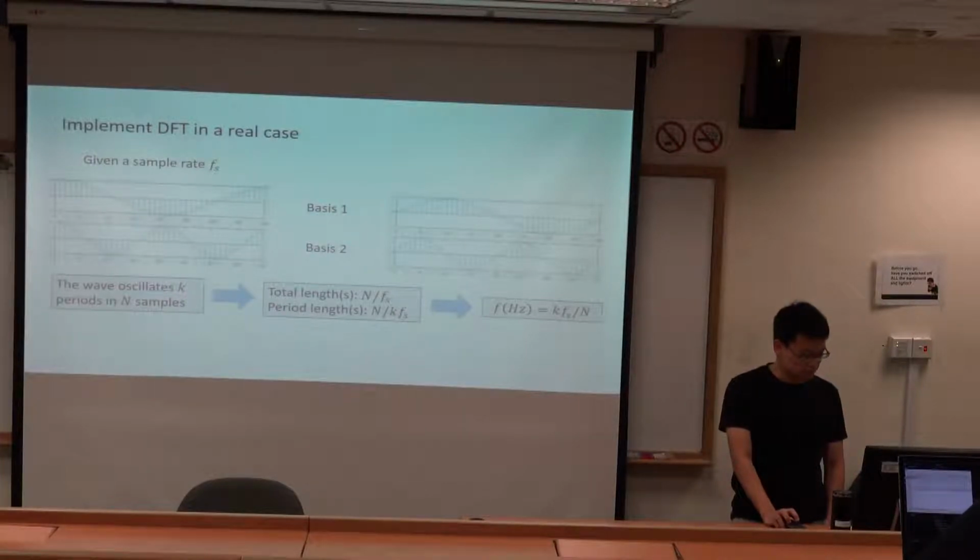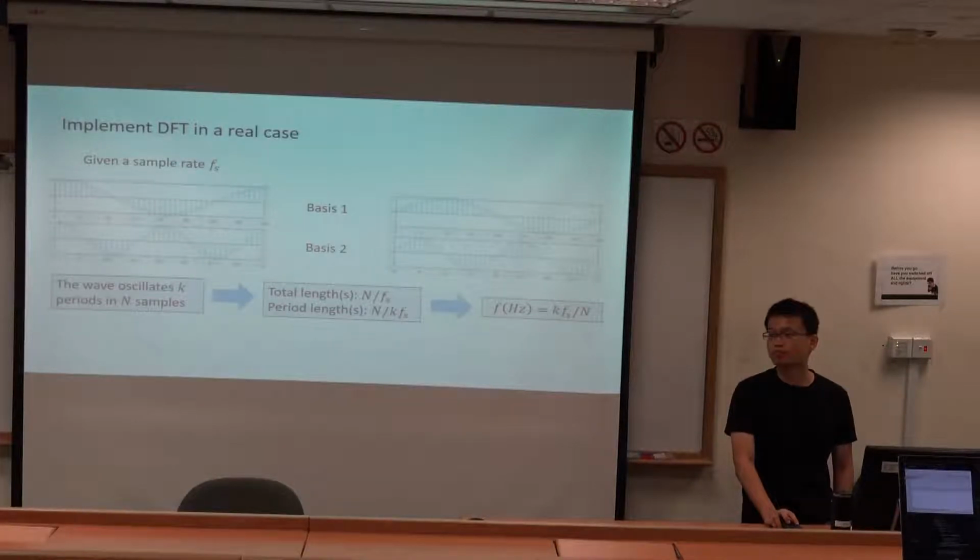And it has k periods, so each period will have a time length of this. So that means the frequency of this exact cosine basis is this.